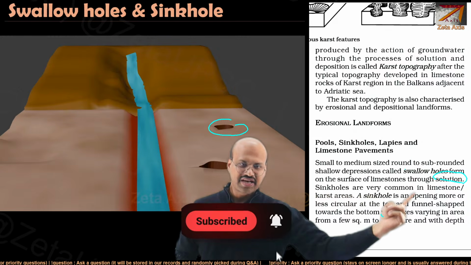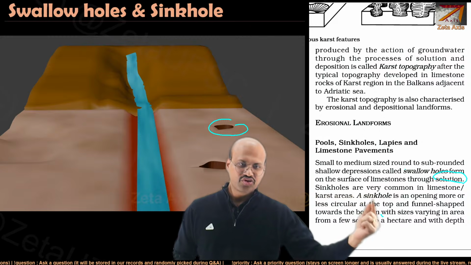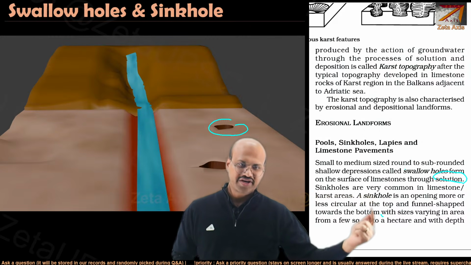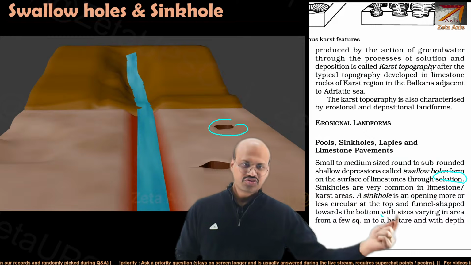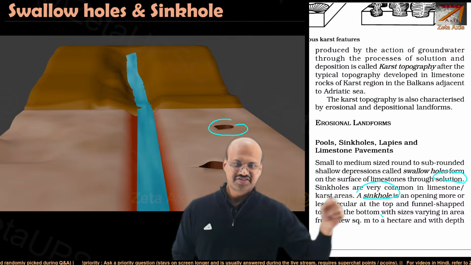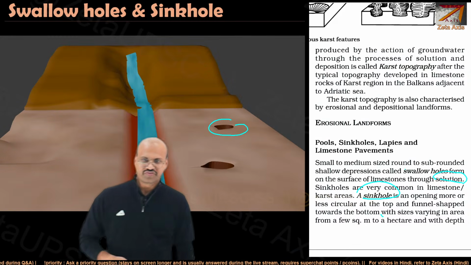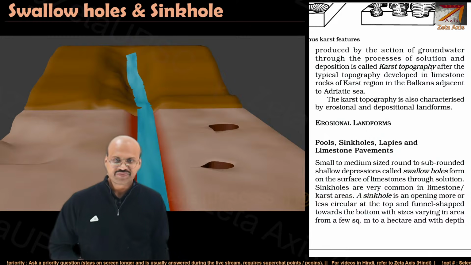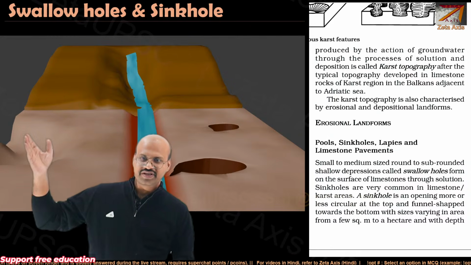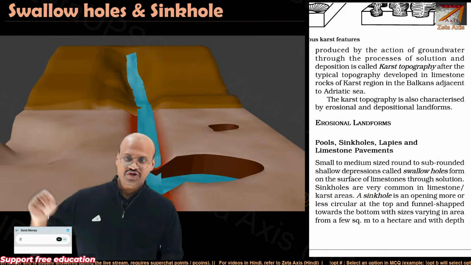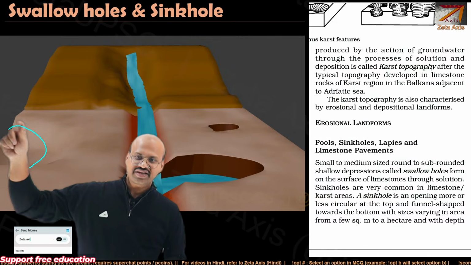Sinkholes are very common in limestone karst areas. The sinkhole is an opening more or less circular at the top and funnel shaped towards the bottom. So here is another landform, that is a sinkhole. If we continue with this animation, you will see that these holes would increase over time. There would be certain regions where a whole larger area has been eroded.